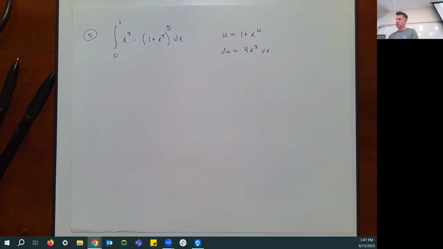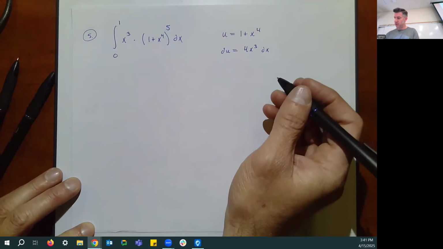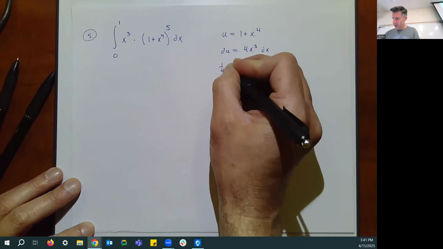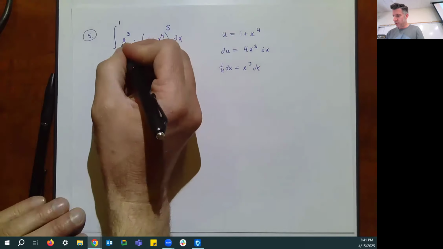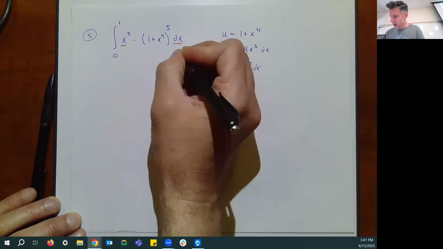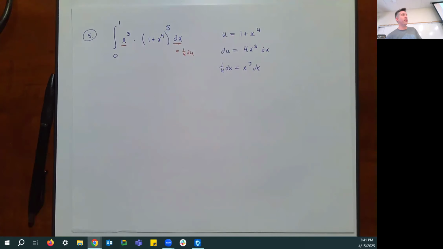Start writing things down. So the obvious choice for u is 1 plus x to the 4th, and my du is 4x cubed dx. 1/4 du is equal to x cubed dx. So there's my 1/4 du. All the things I just underlined, I'm not going to write them, and I'm going to write 1/4 du instead.